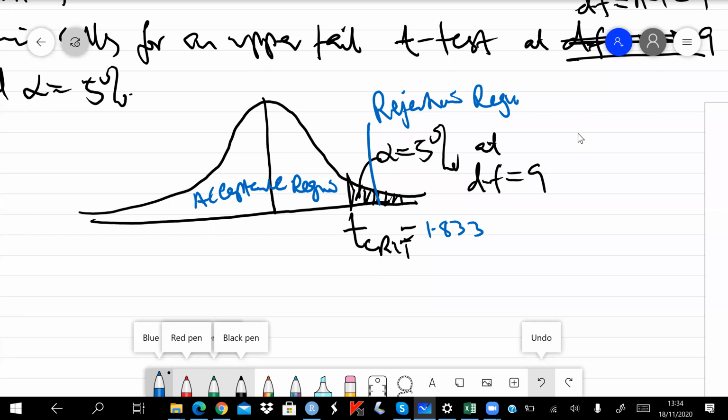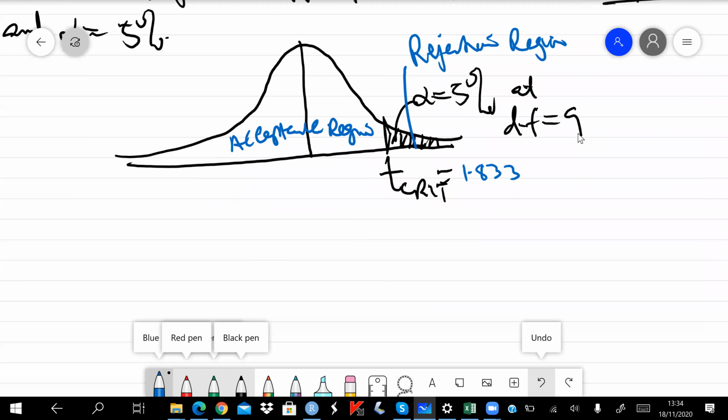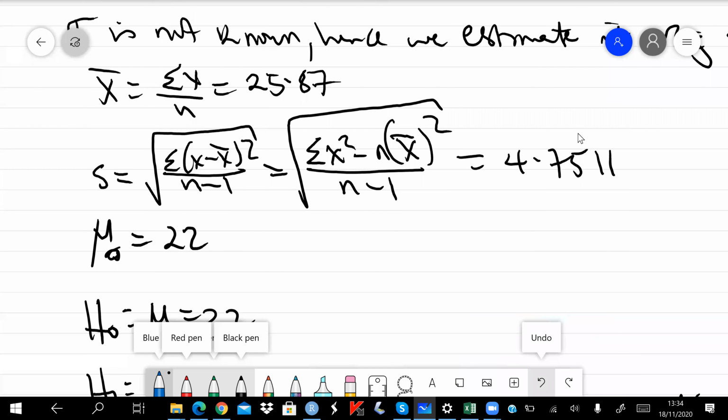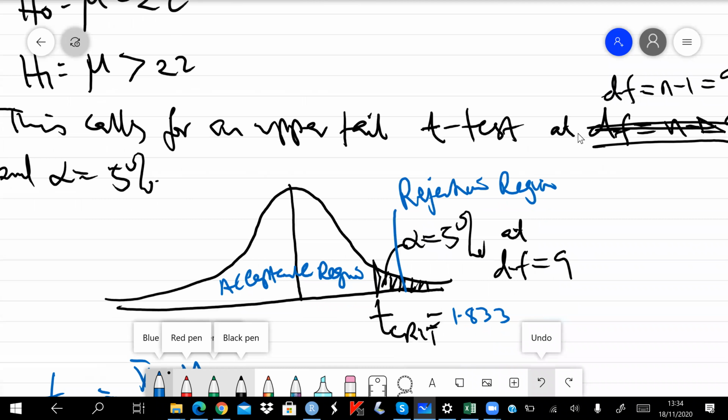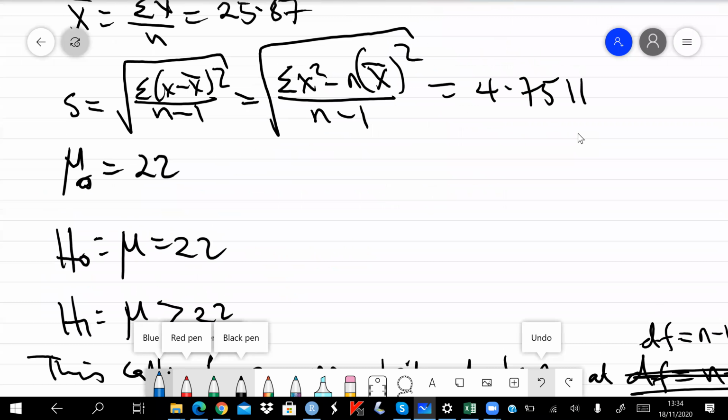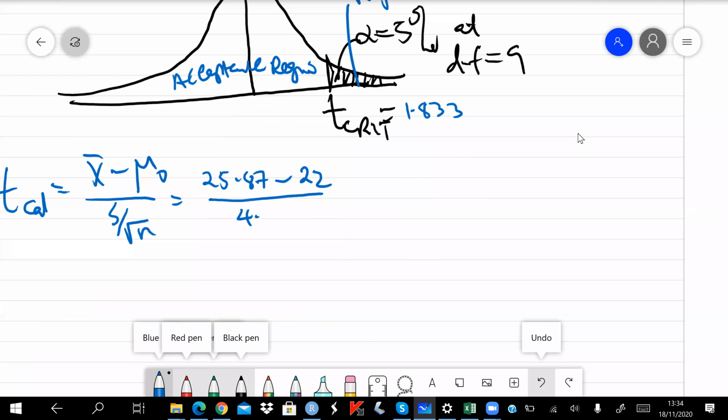Then the next thing is to obtain a t calc, which is given by x bar minus mu naught over s out of root n, where x bar in our case is 25.87, minus our mu naught, which is 22, divided by 4.7511 divided by square root of 10.